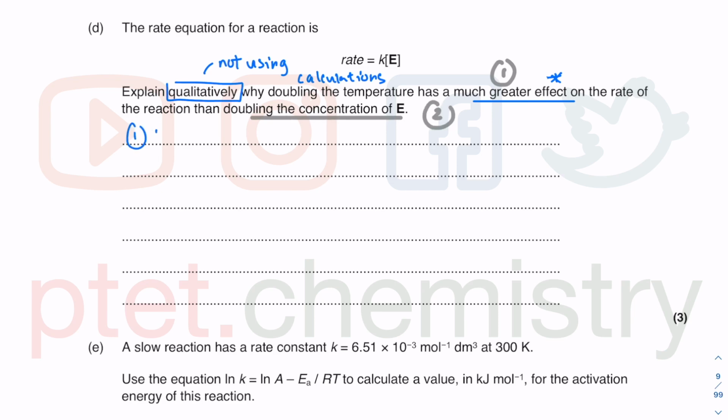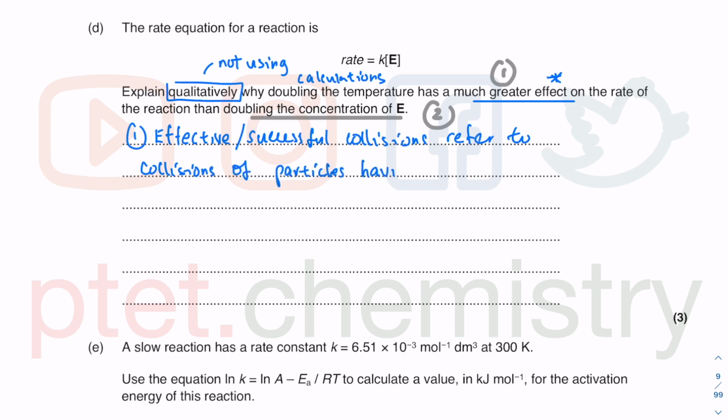Okay, so effective collision or successful collision basically refers to those collisions of particles having overcome the activation energy, because if you don't overcome the activation energy of a reaction, you're not going to have successful collisions. So in terms of temperature, as temperature increases, what happens to the Boltzmann diagram?